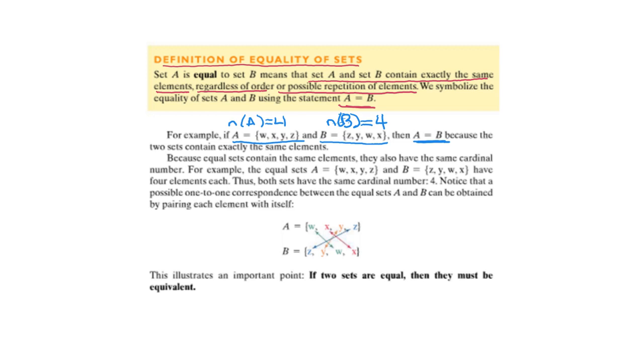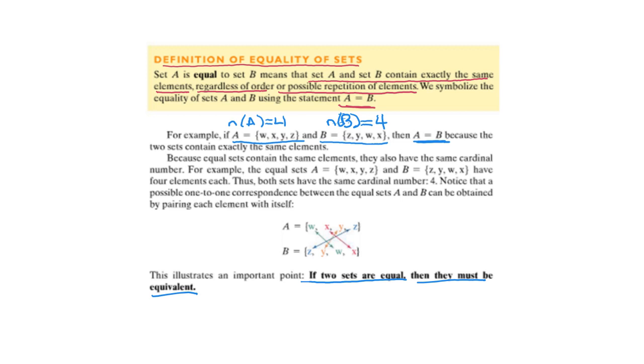All right, and something to keep in mind here. It says if 2 sets are equal, then they must be equivalent. But the opposite of that is not true. If 2 sets are equivalent, it doesn't mean they are equal.